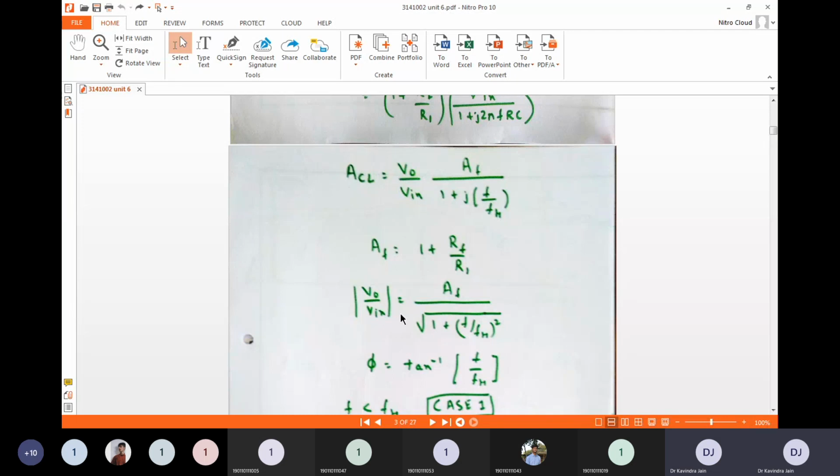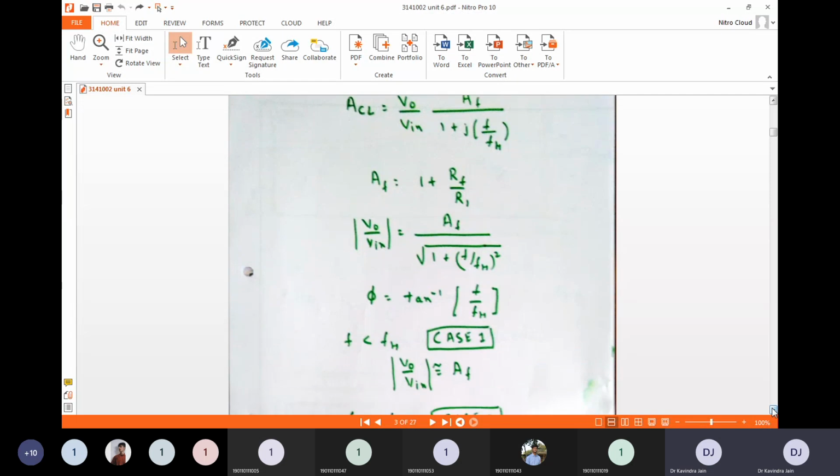F is less than FH. AF. Yes, it is approximately equal to AF only. So when I say F is less than FH, that means we are talking about very low frequency. Please note down, at very low frequency, that is F is less than FH, V naught upon V in is approximately equal to AF.